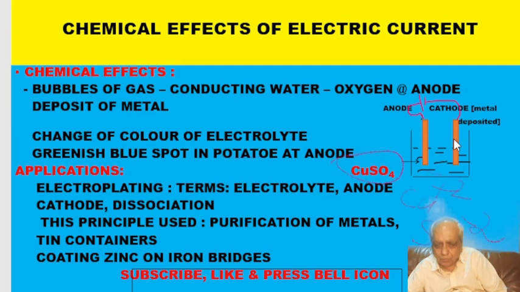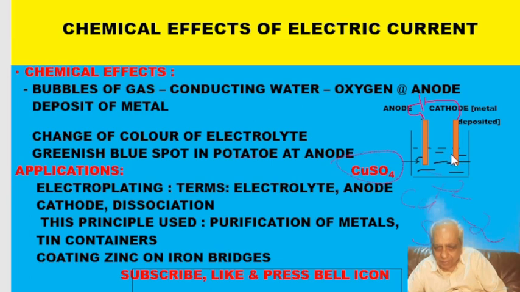So my ornament, made up of brass or some other cheaper material, is kept at the cathode, and my gold or silver will come here and get deposited. So the anode would be pure gold, so that gold ions will go into the solution, and the solution would be gold nitrate or something like that, so that my gold ions will come here.